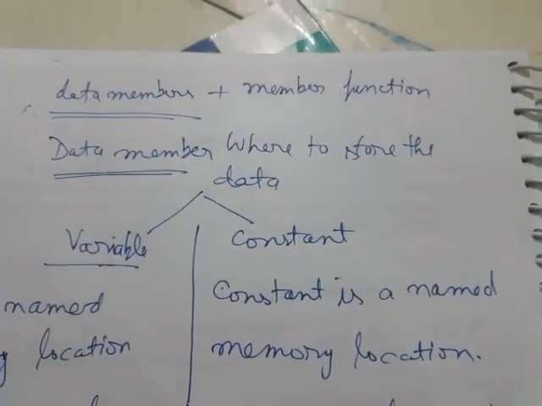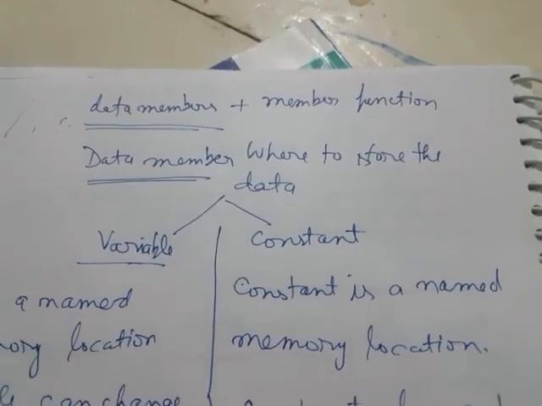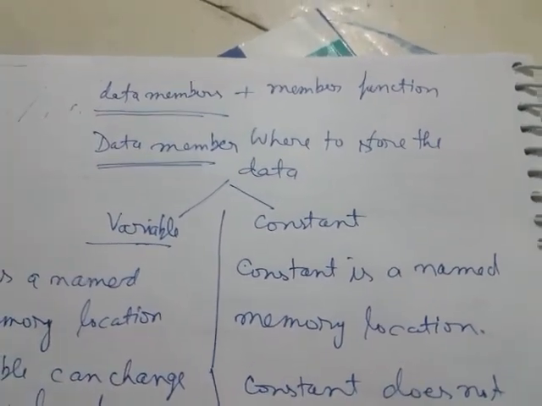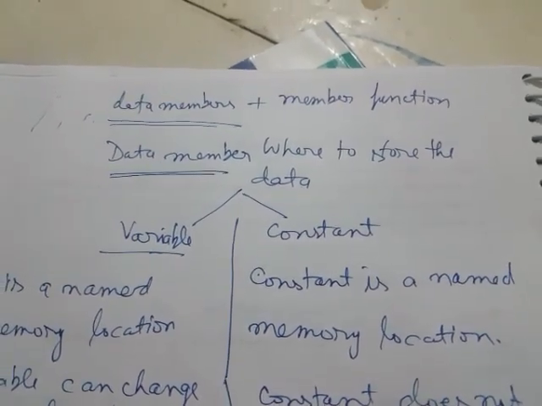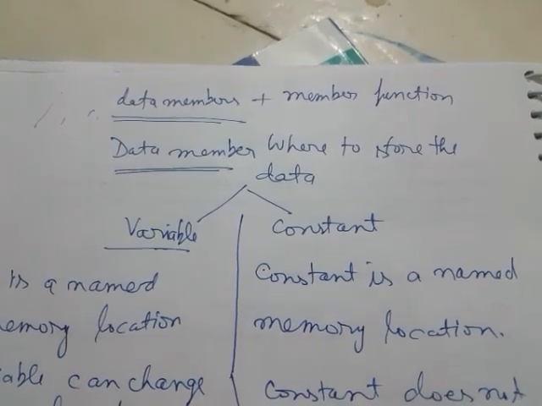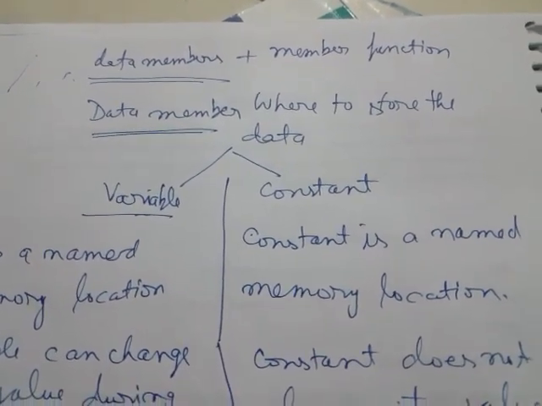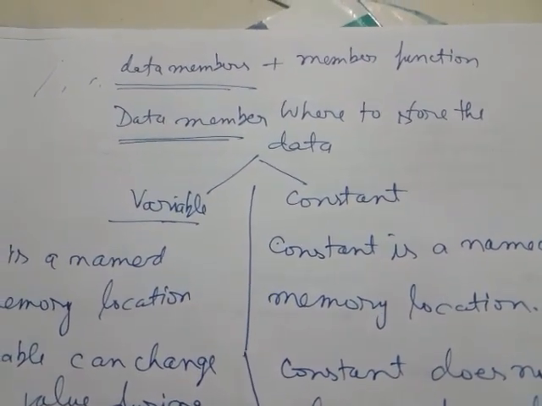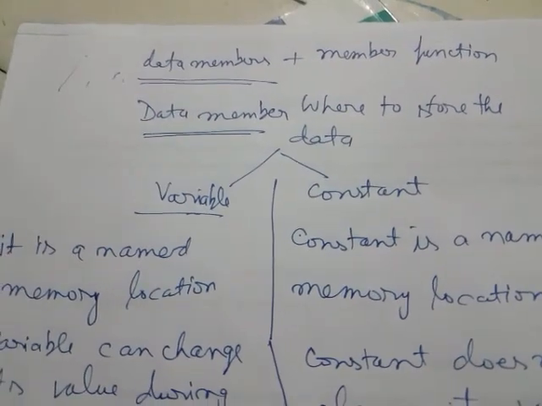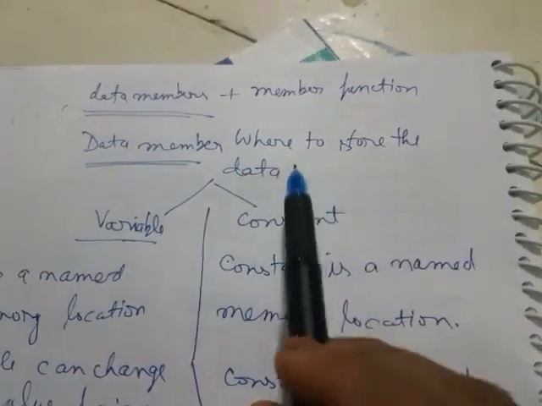So students, you may see here that we have got data members and member functions, and every class contains data members and member functions. First we'll talk about data members. When we talk about data members, we need to understand that data members are there to represent the attributes of a class. First question comes to our mind, that where to store the data.